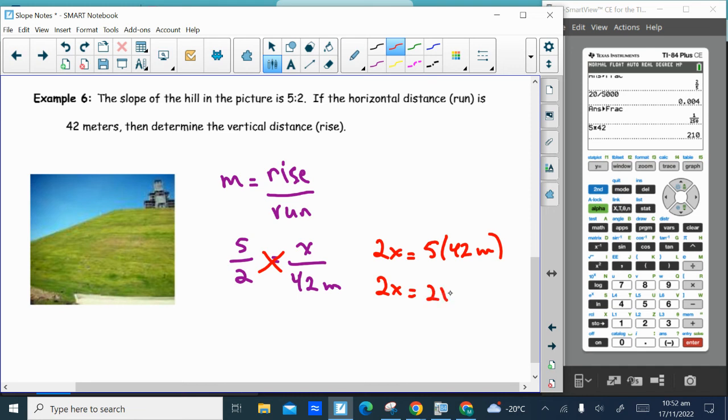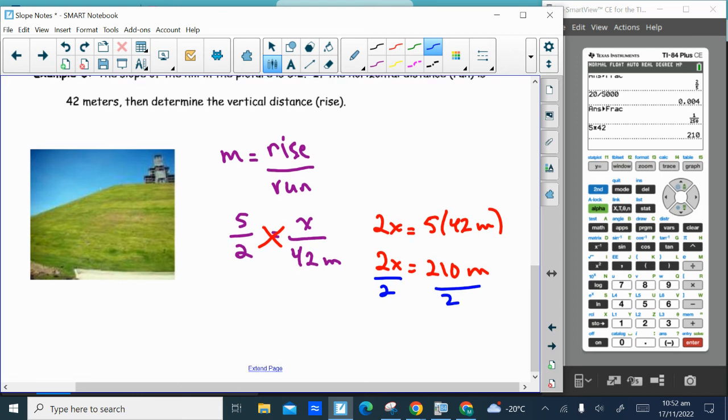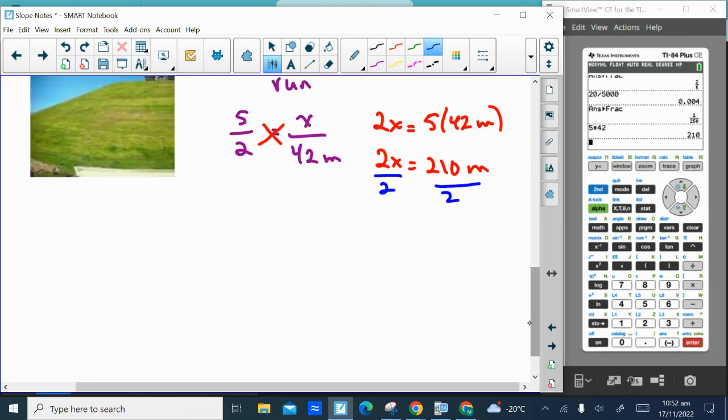2x equals 210 meters. And then you divide both sides by 2 to get the x by itself. The 2 and the x are hooked together by multiplication, so we do the opposite, which is divide both sides by 2. So on the left, 2 divided by 2 is 1.